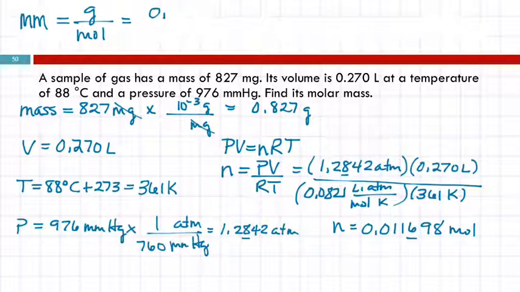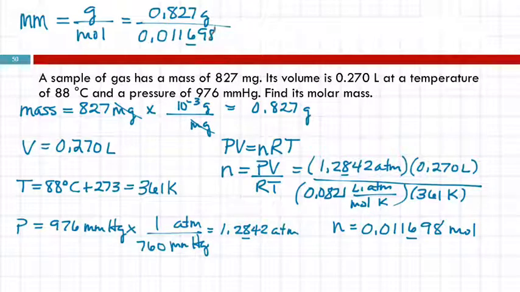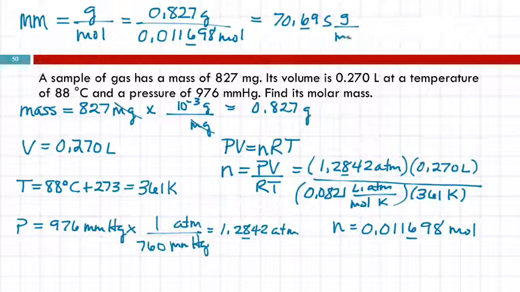So the mass was 0.827 grams, and we divide by the number of moles, 0.011698. That gives 70.695 grams per mole. 3 sig figs, so that ends up being 70.7 grams per mole.